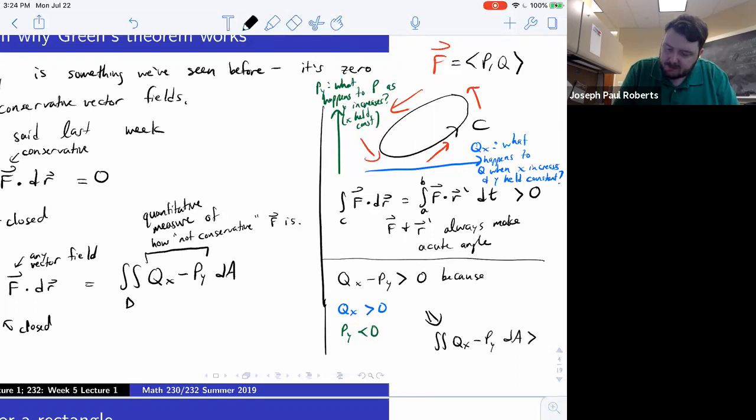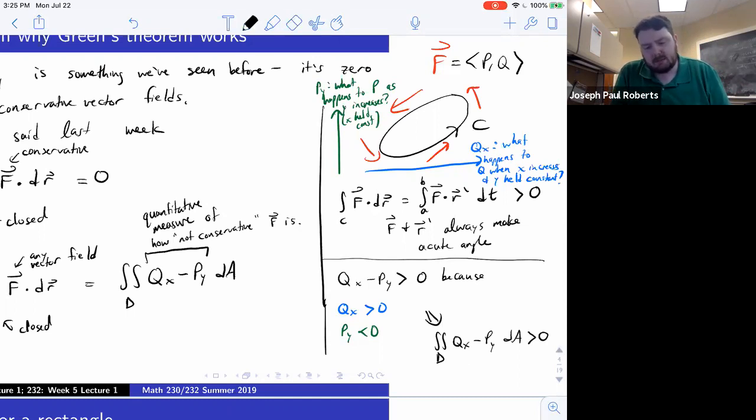Granted, this is not a proof of Green's theorem at all. All I showed you was that two things are positive. Not all positive numbers are equal, right? 1 and 3 are not the same. But I'm just trying to give you an intuitive idea that you can eyeball the signs of these partial derivatives and therefore eyeball the sign of this integrand.